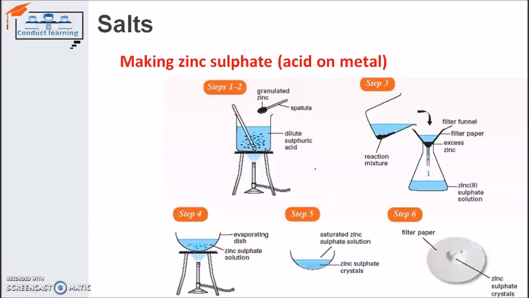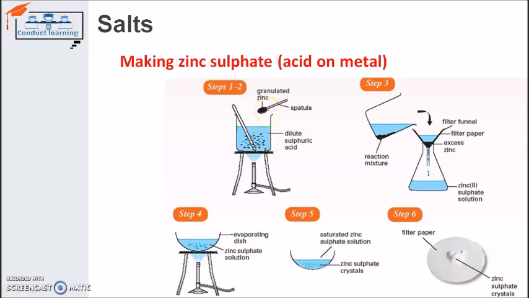Another example is zinc sulfate. Zinc is a metal, and the other thing we take is sulfuric acid, which we also used in the previous example. First we take dilute sulfuric acid in a beaker and start heating it.